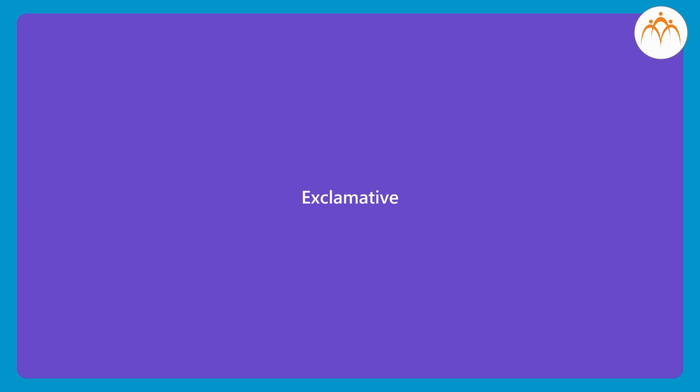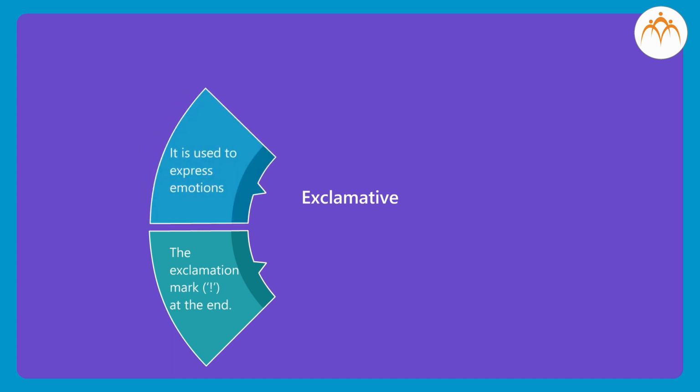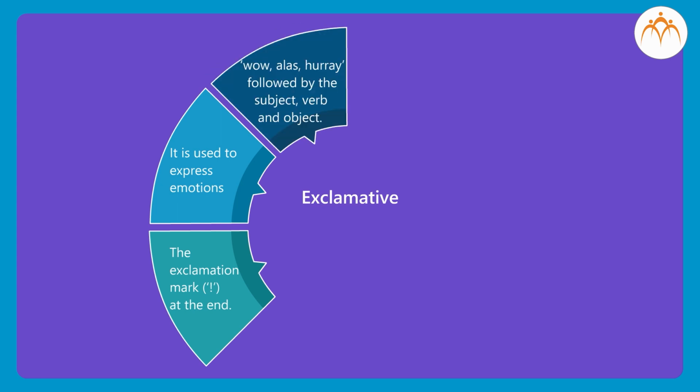Fourth type is exclamative. Exclamative sentences are very easily identified by the exclamation mark at the end. It is used to express emotions. It uses interjections such as wow, alas, hooray, followed by the subject, verb and then the object.